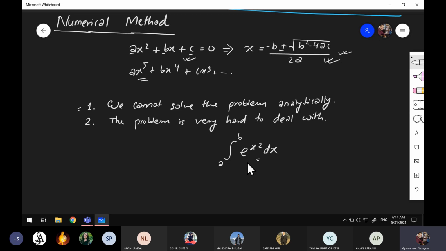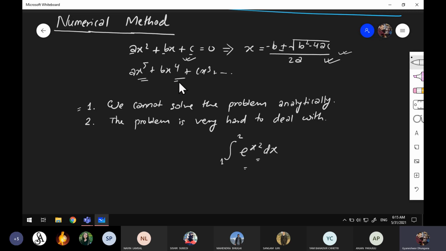So in that case, we may have to go for numerical method to solve this problem. Okay, but for solving by the numerical method, these parameters should be replaced by the exact numerical values. Otherwise, we cannot solve it numerically. Okay, so I will discuss that in the characteristics of numerical method also. So here it should be 1 to 2 e power x squared dx. If it is in this format, then we can apply the numerical method.